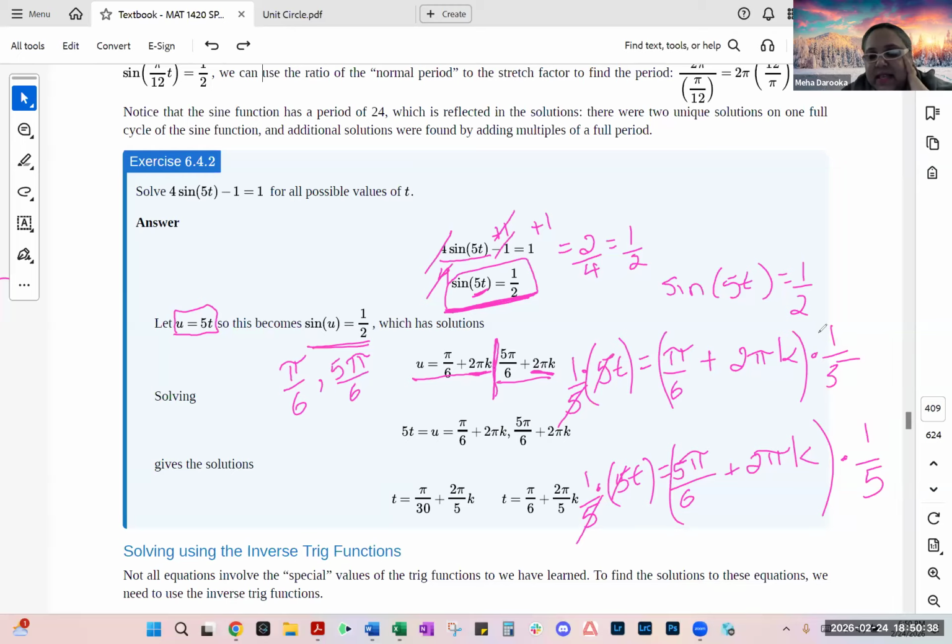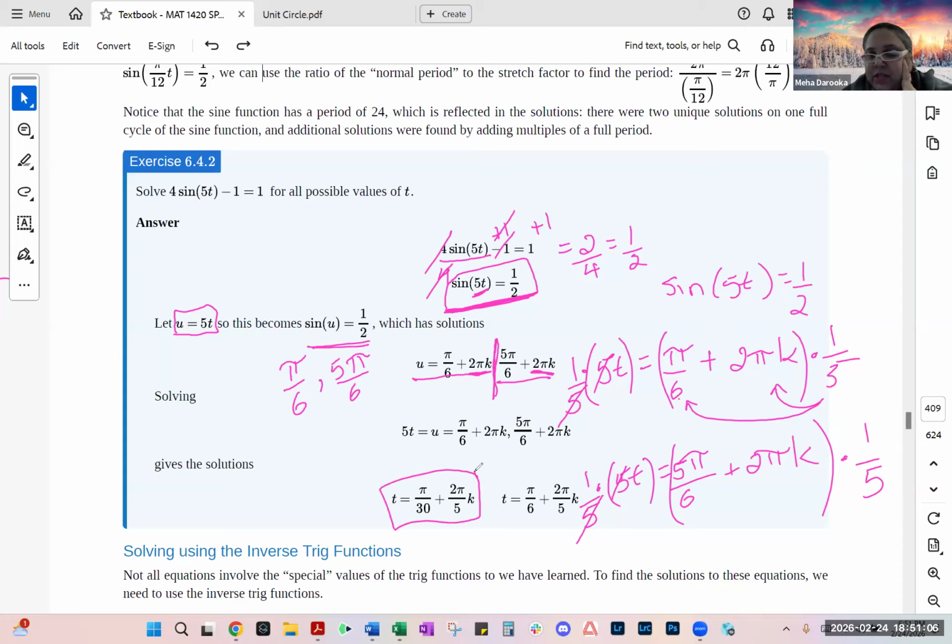And then as you can see, when you distribute this in the expression on the right, you will get pi times 1, which is pi. On the denominator, you are doing 6 times 5, which will give you 30. So you can see that's where this expression is coming from. And then, of course, the 2 pi k multiplied with 1/5 will just give you 2 pi k divided by 5.